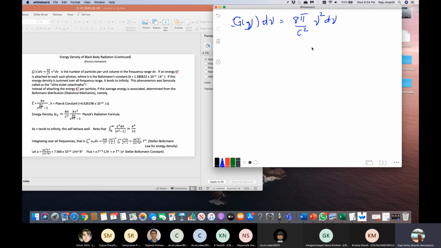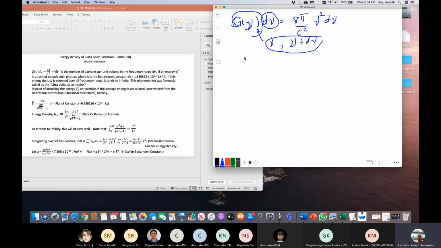The idea behind it is that this is the number of particles in a small space between nu and nu plus d nu. Between the frequency of nu and nu plus d nu, this is the distribution of energy.